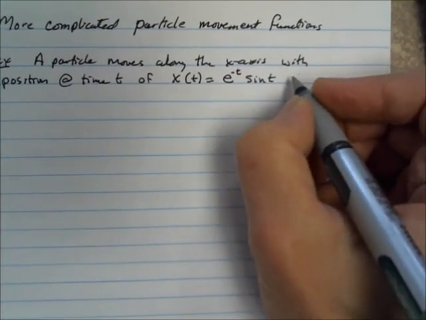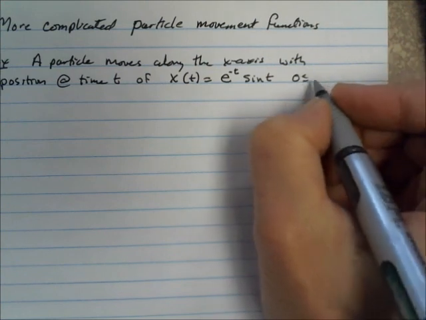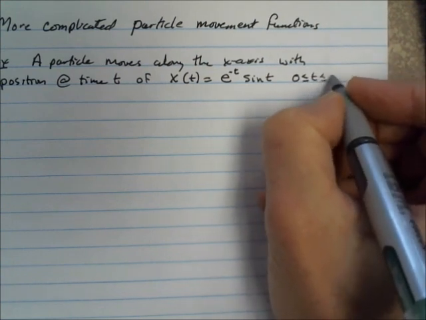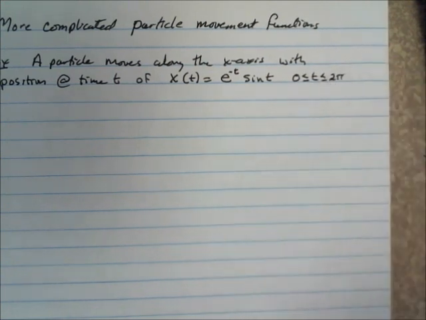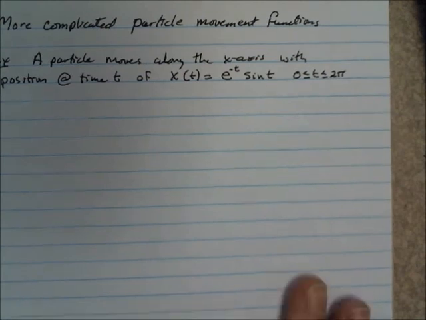And the domain for the time is positive or 0, and it's less than 2 pi, which is about 6.